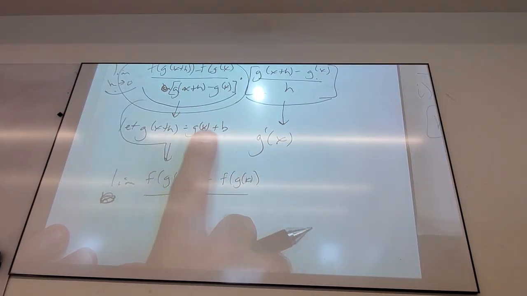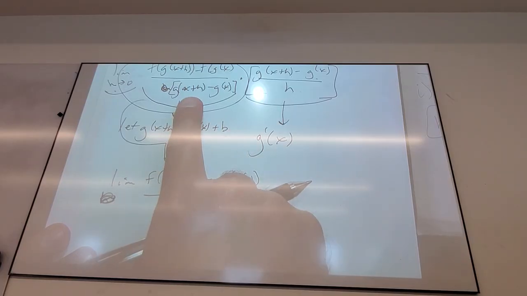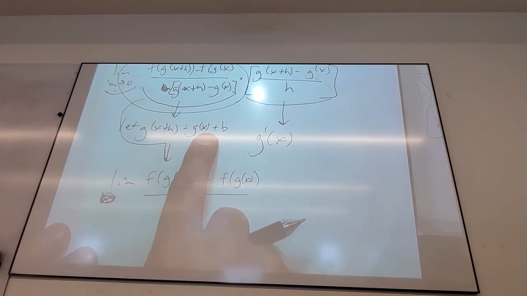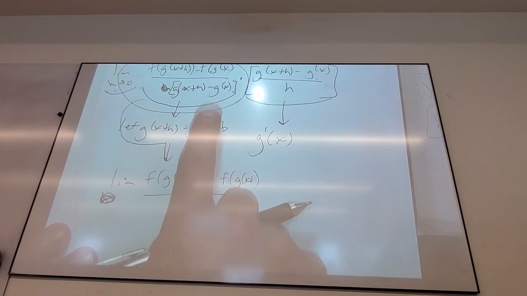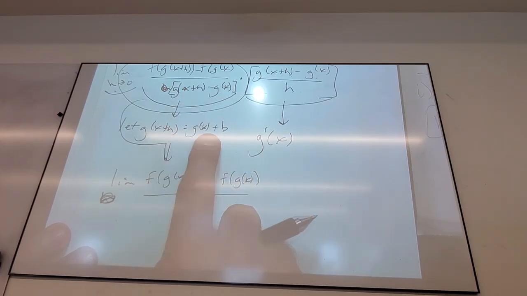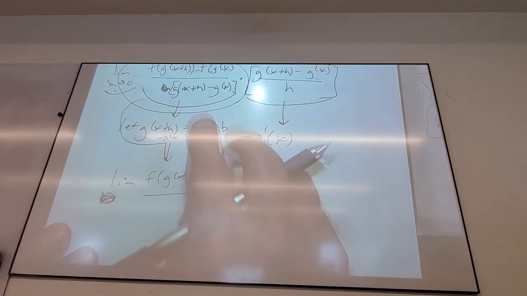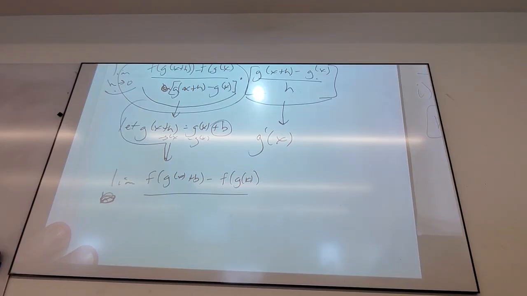Didn't I say g of x plus h is g of x plus b? All over g of x plus h minus g of x. What's g of x plus h minus g of x? It's b.